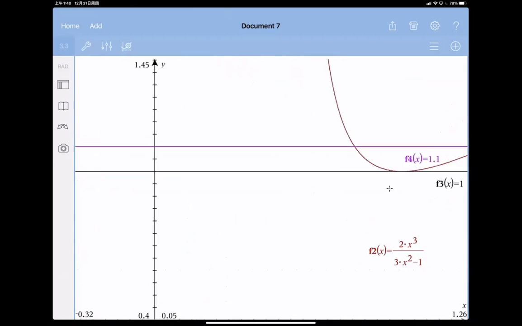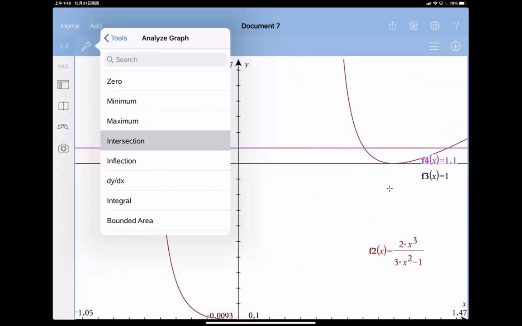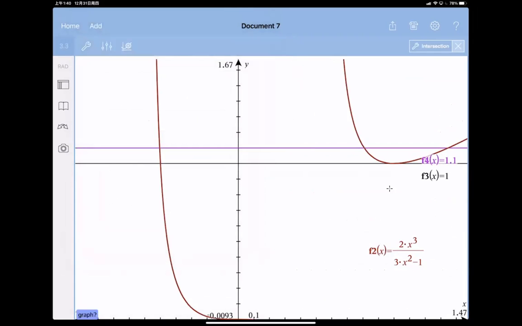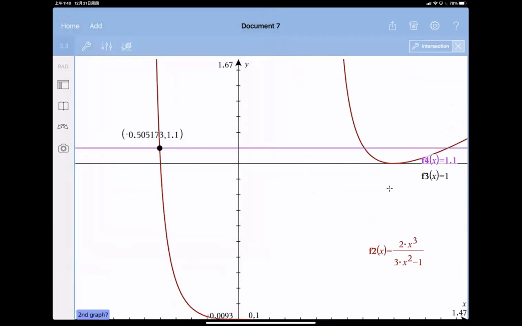Right, looking at the intersections, analyze graph intersection, this one and this one. One possible intersection, this one and this one.